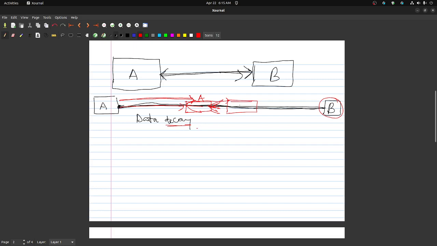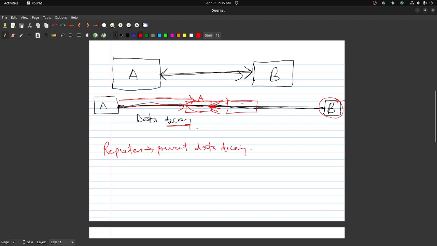Then you have another repeater here. So along the connection between A and B, there are repeaters. Repeaters prevent data decay. It's as simple as that.